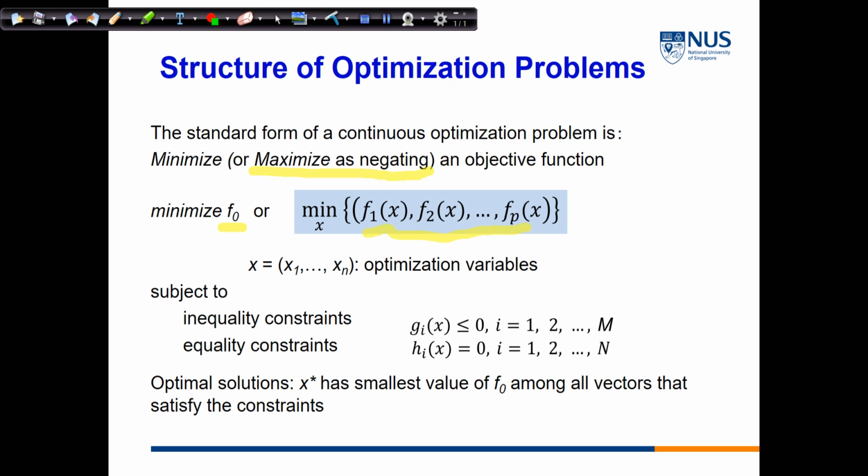So if you have multiple objective functions f, you want to minimize every one of them, but those objective functions will have competing values possibly. So we'll discuss multi-objective or single objective. And your goal is to get the value for your optimization variables, x1 to xn, subject to inequality constraints and equality constraints listed here. So use a series of functions to indicate that.